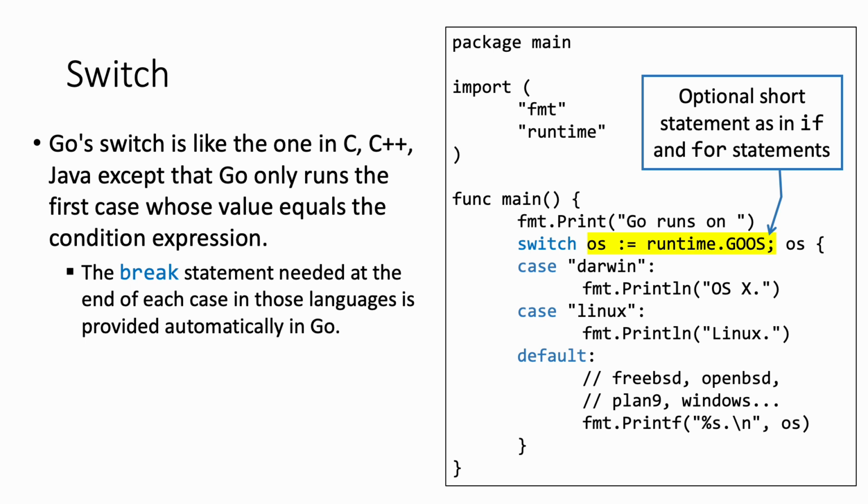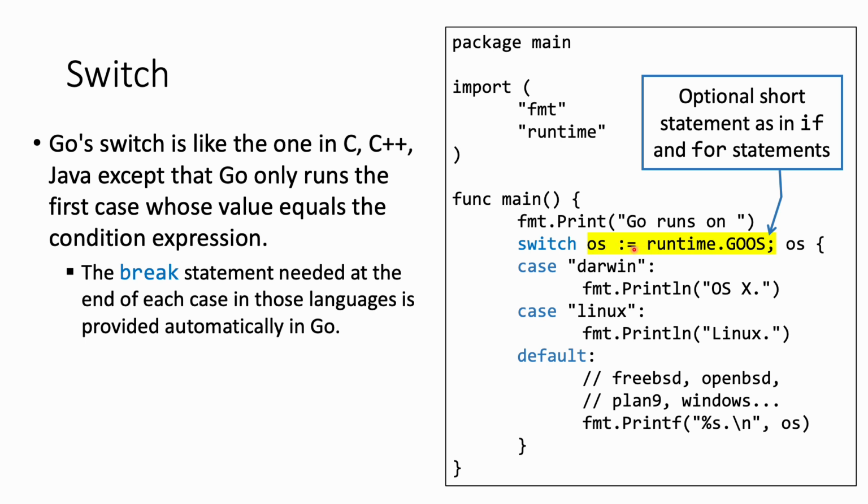In effect, the break statement that is needed at the end of each case in those languages is provided automatically in Go. Switch cases are evaluated from top to bottom, stopping when a case succeeds. So it only runs the first case whose value is equal to the condition expression.